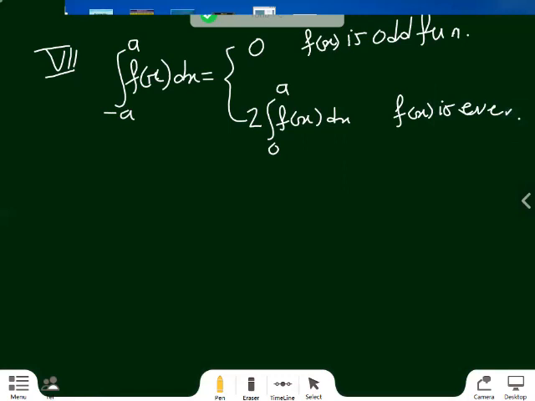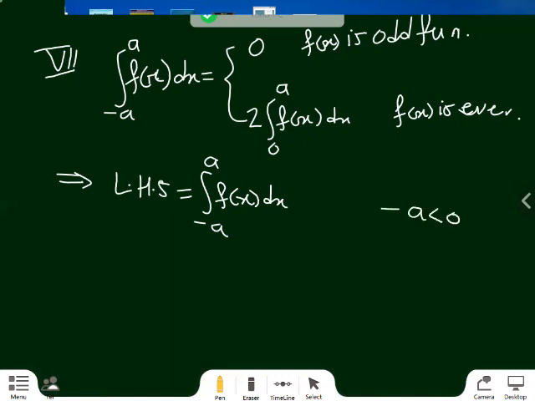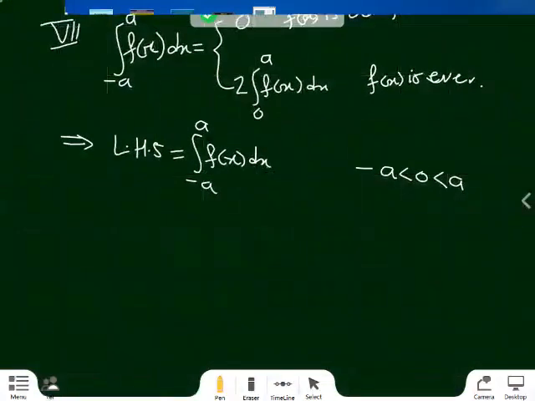Now we have to prove these two cases. To prove this property, consider the LHS. The LHS is integration from minus a to a f of x dx. Clearly minus a is less than 0 is less than a, so by using the property of definite integral, we can split the given integral at 0.